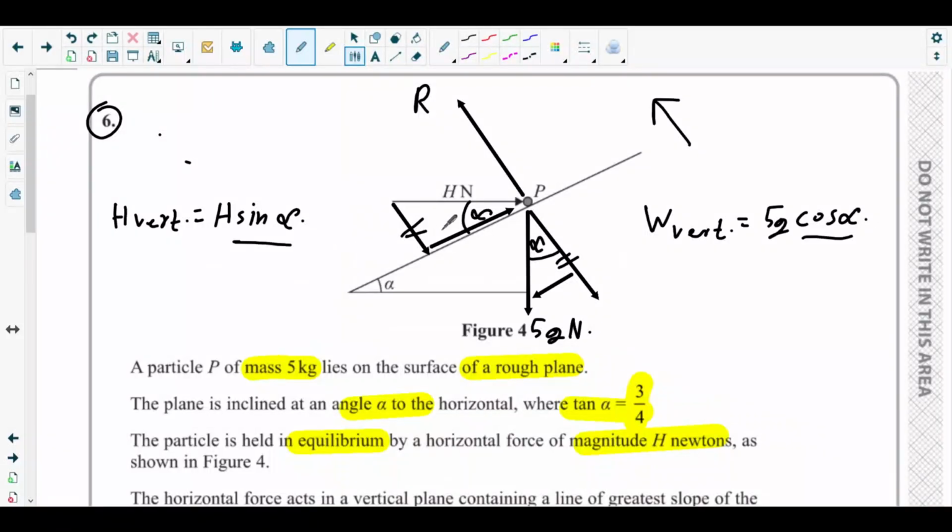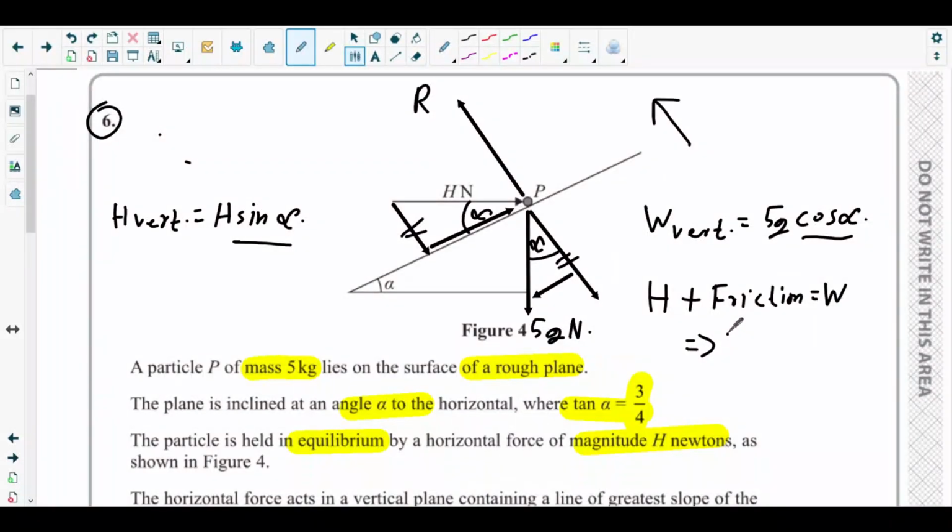So why will H be the smallest? Because when friction acts upward, the force H will be minimum, because the equation will go like this: H plus the friction will have to balance out the horizontal component of weight, obviously. I'm just writing it for the understanding.